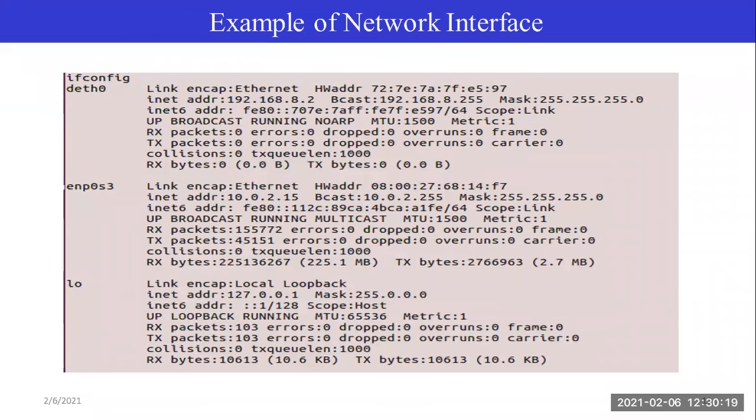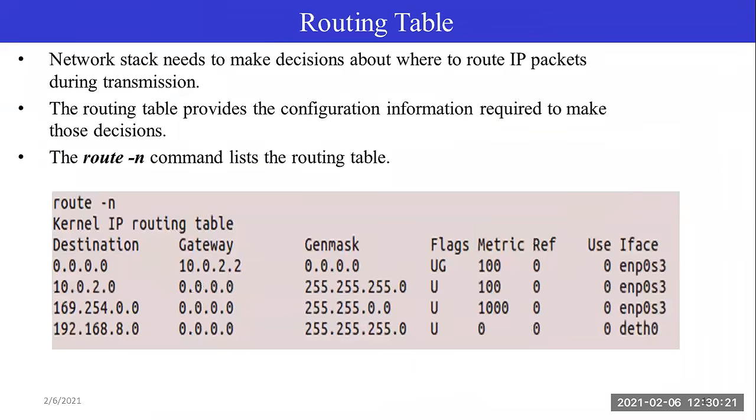Then I'm moving to an example of a routing table. Again, I have captured this from my system. Please ignore the third entry. Let me first describe the second one, 10.0.2.0.